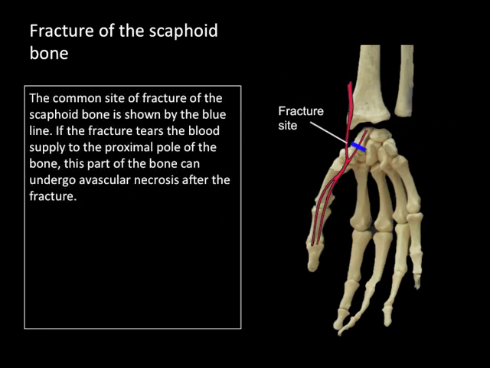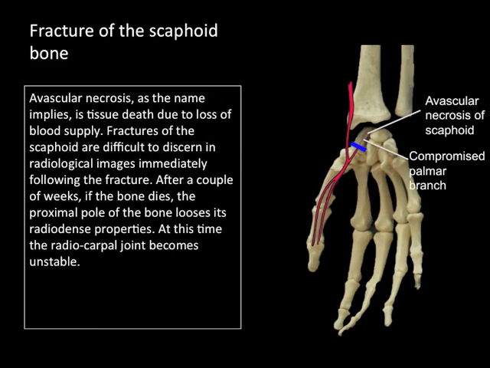The common site of fracture of the scaphoid bone is shown by the blue line. If the fracture tears the blood supply to the proximal pole of the bone, this part of the bone can undergo avascular necrosis after the fracture. Avascular necrosis, as the name implies, is tissue death due to loss of blood supply.